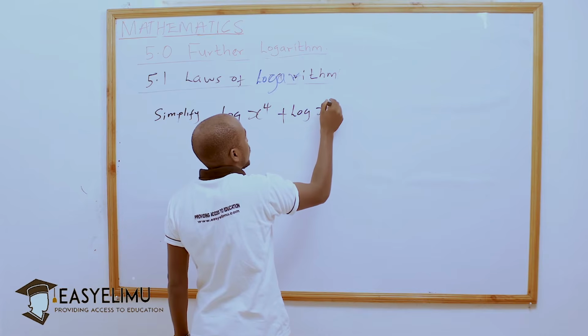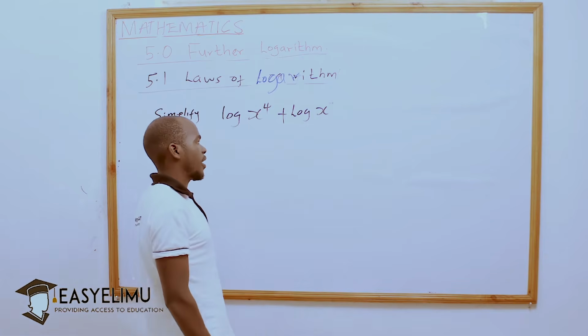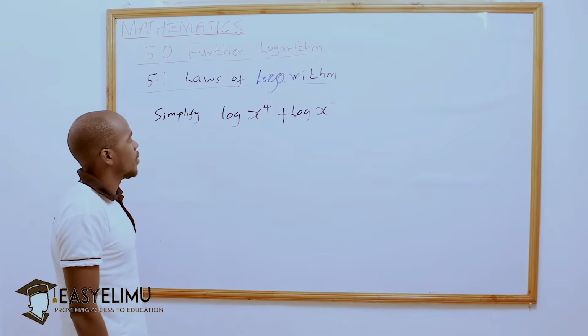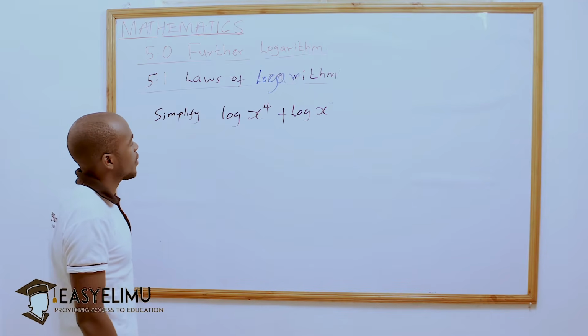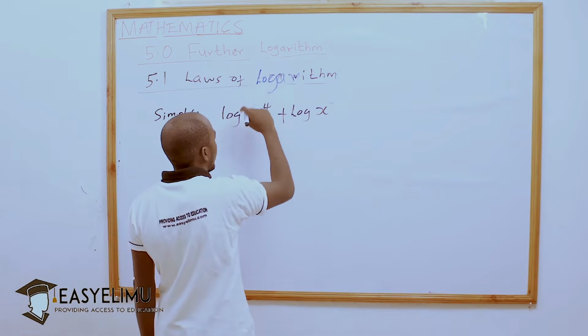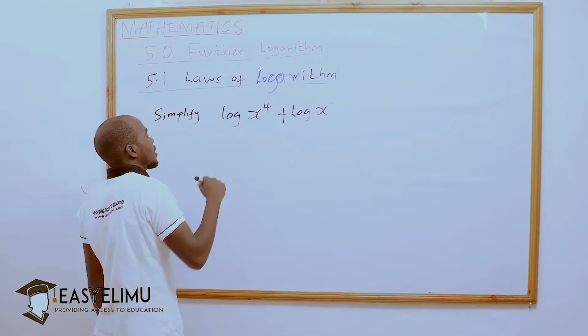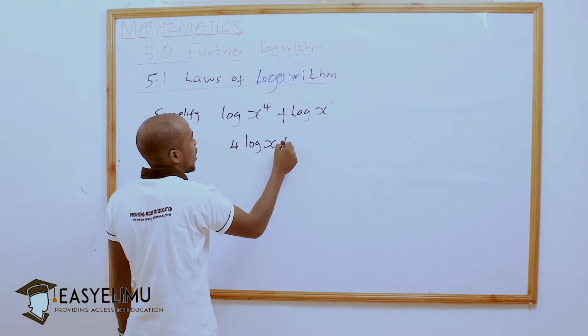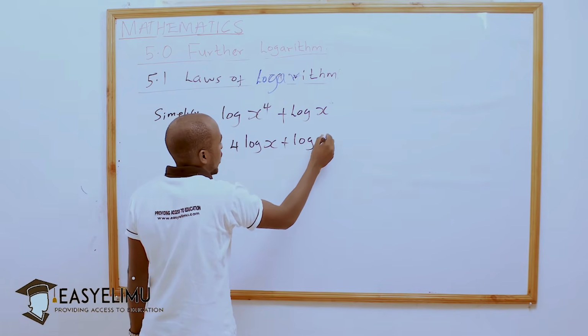If you are told to simplify this one, whatever we shall do here, we are going to apply the third rule, and we shall have 4 log of x plus log of x.